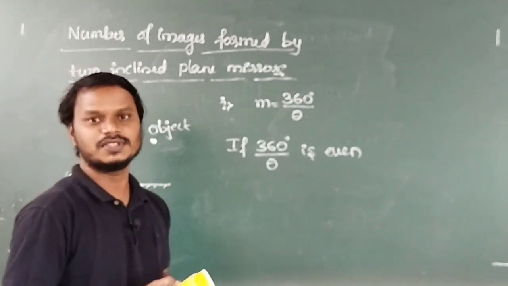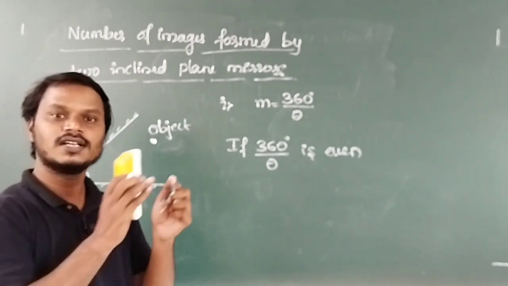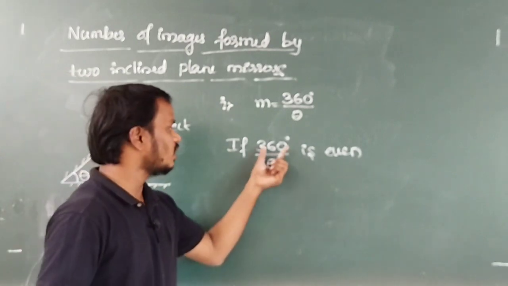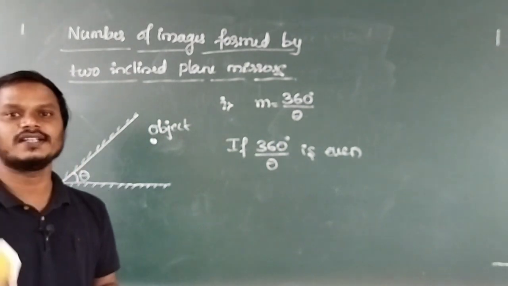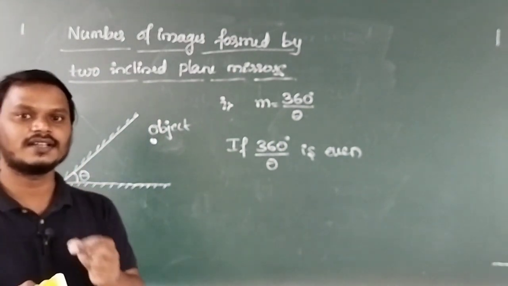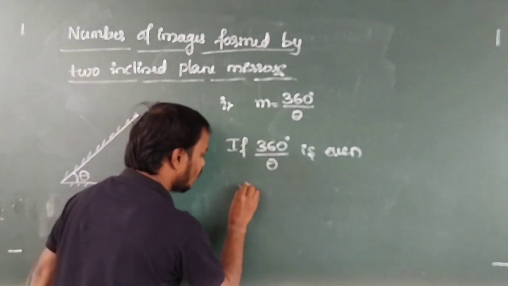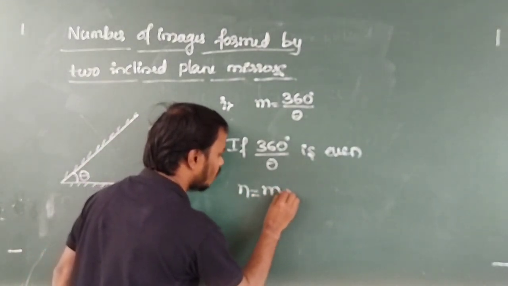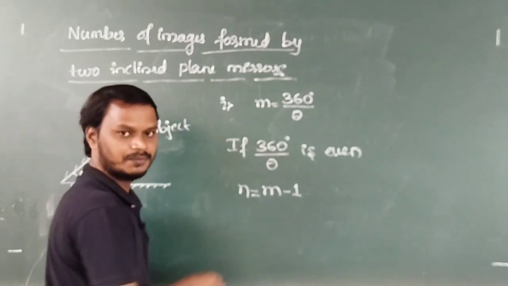Anywhere you can place the object, whether symmetrically or asymmetrically. If 360 degree by theta is even, what is the formula used to find the number of images? That is n is equal to m minus 1, means 1 subtracted from m.